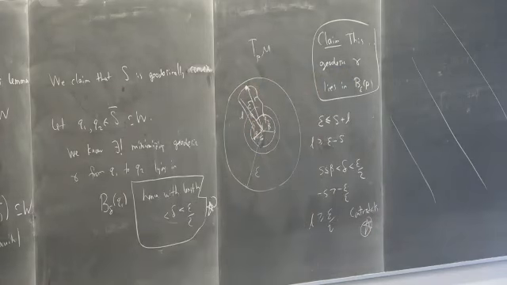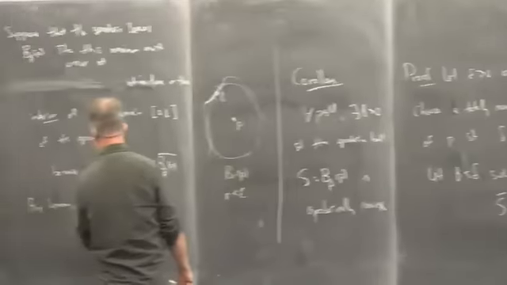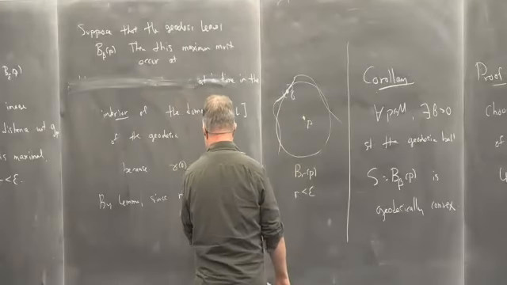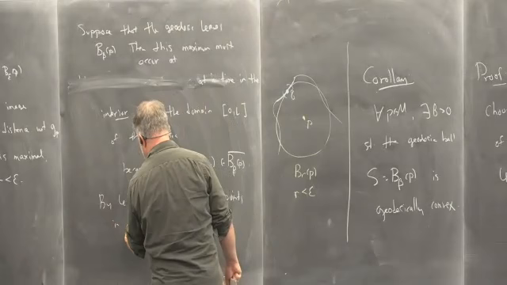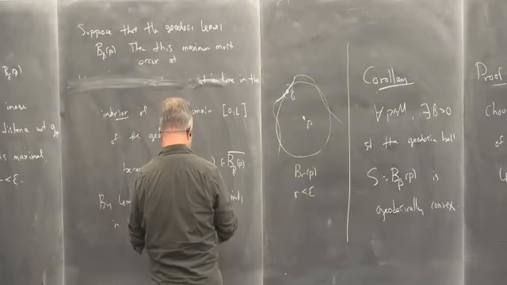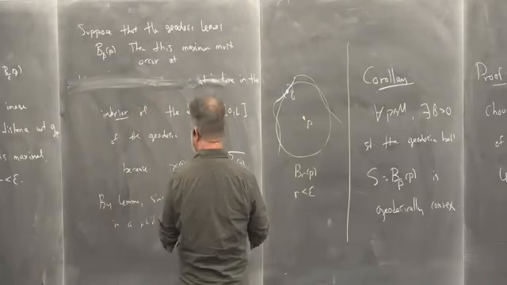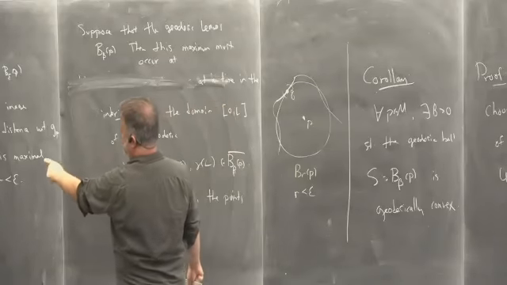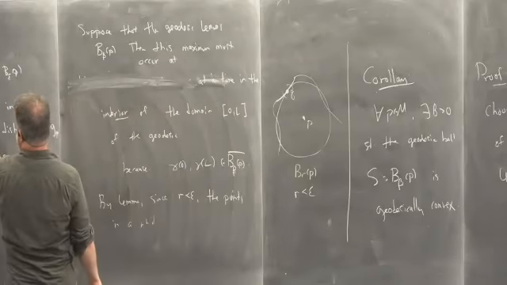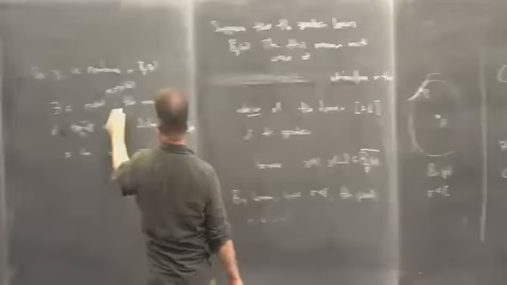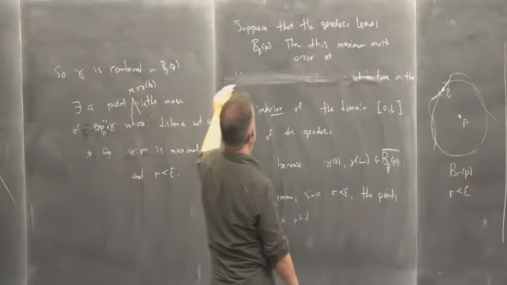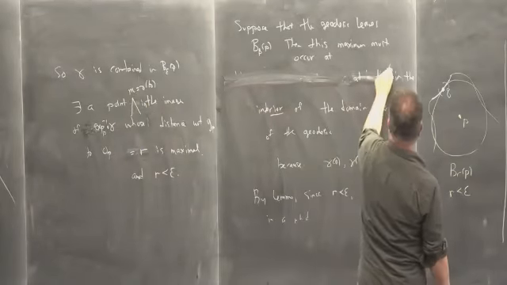And now, by the lemma, since r is less than epsilon, there exists a point, let's say m, which is gamma of some t naught, at a time t naught.